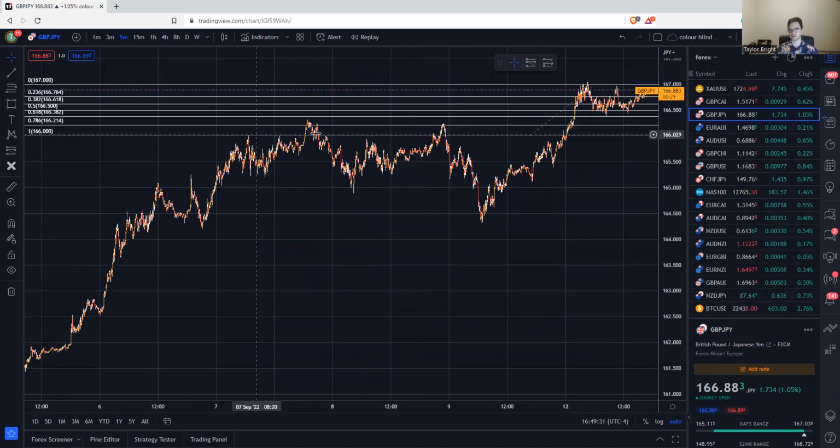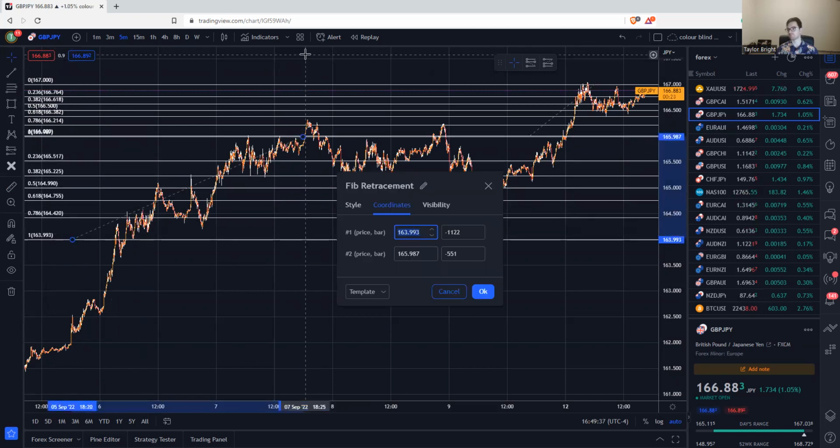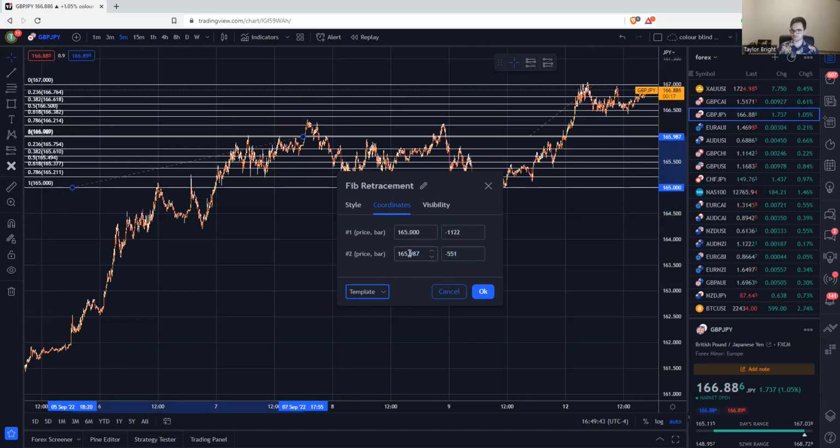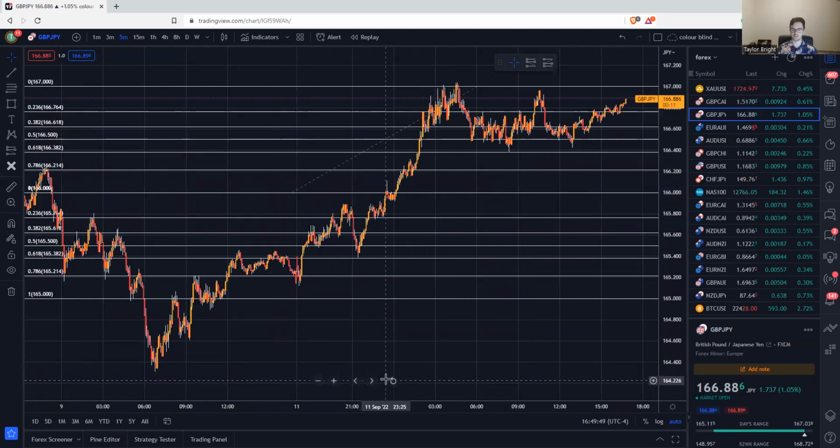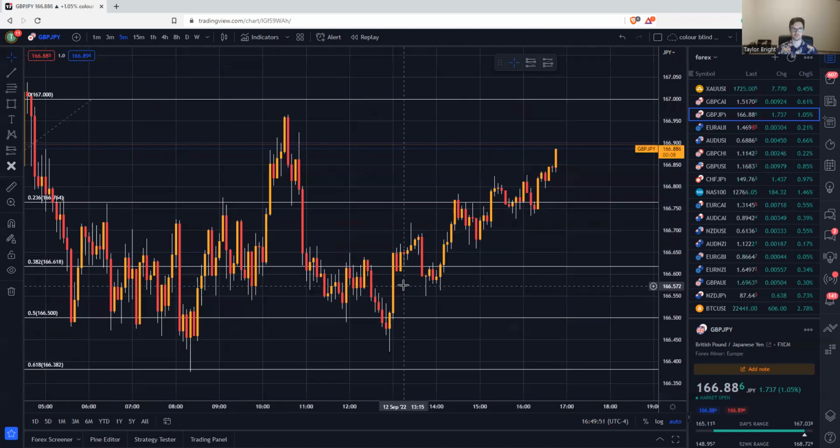Now, again, this has been pushing up recently, but if you did need slightly more, all you would do is just go and draw from 165 to 166, for instance, and that's going to give you the next set of levels. And if you needed to draw again, you can get the next set of levels if you need them.